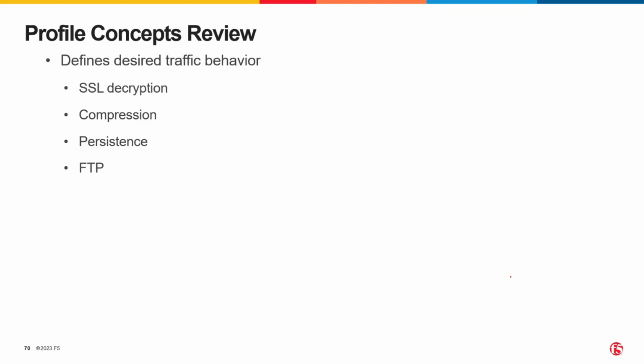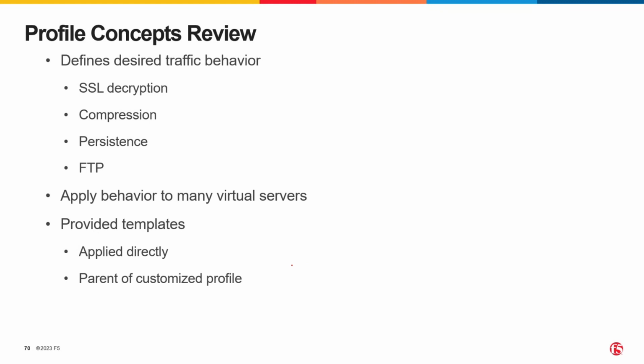A profile can be how you decrypt the traffic, how you modify the traffic, how you do some optimization of the traffic like compression or cache or whatever. A profile can allow you to parse or understand the traffic at layer 4 as TCP or UDP, at layer 7 as DNS, HTTP, whatever it is. So it allows you to understand the traffic or be able to do something with the traffic for specific protocols.